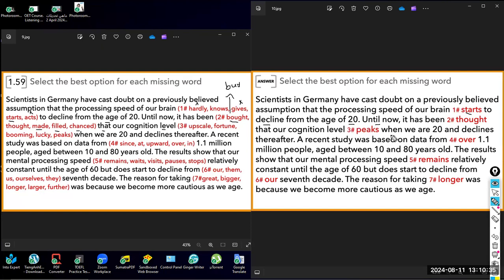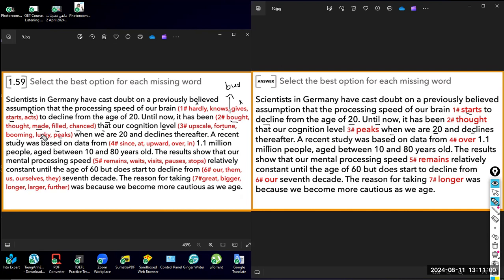peaks. So when I say peaks, it is reaching the peak when we are 20 and declines thereafter. So we notice here, guys, I have to say that our cognitive level peaks, reaches the peak, not upscale, not fortune, not booming, and not lucky.